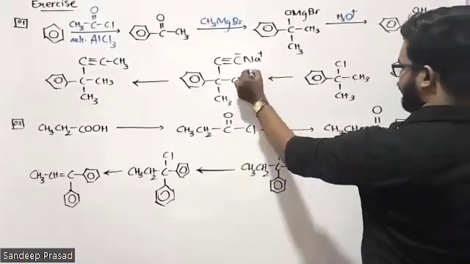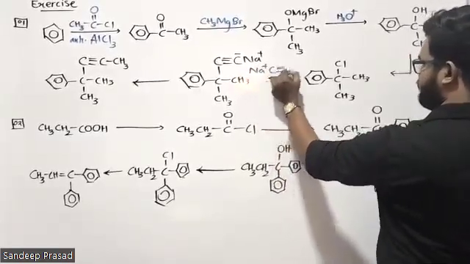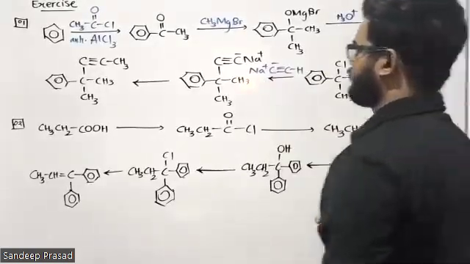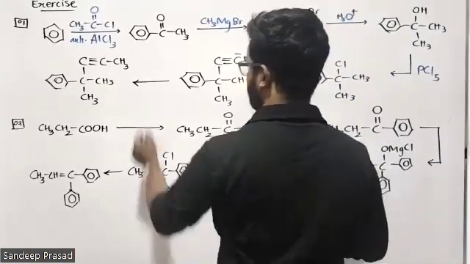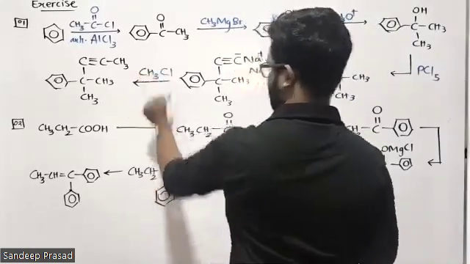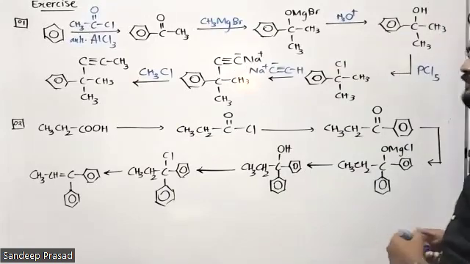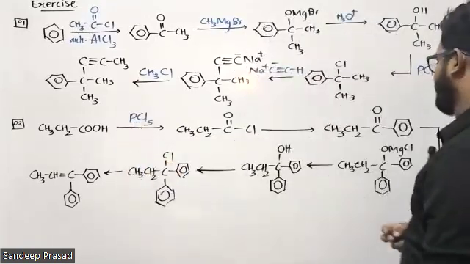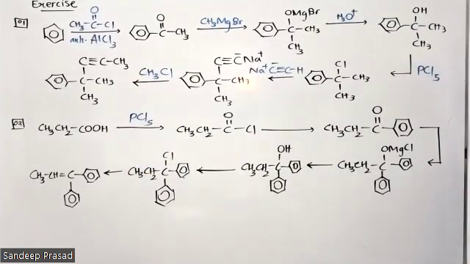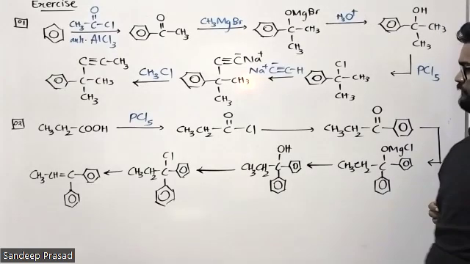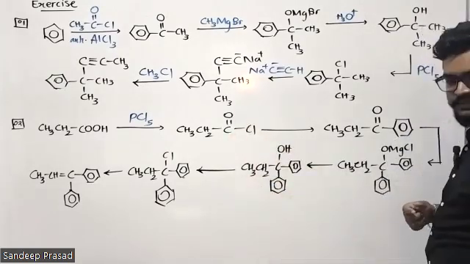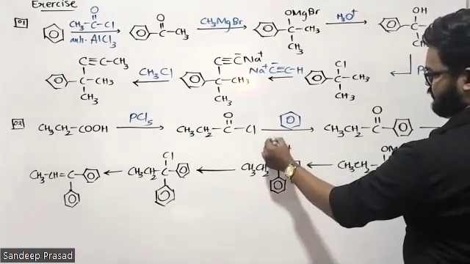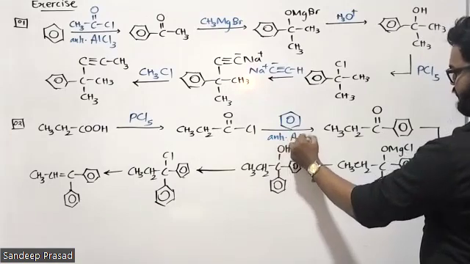And here we can add the sodium derivative of the alkyne. And CH3Cl. PCl5 here. So here they have given the acid halide, so we have to add benzene ring and anhydrous aluminum trichloride.